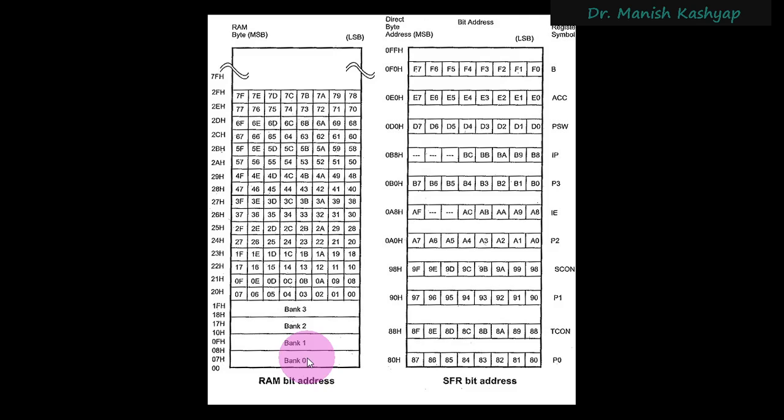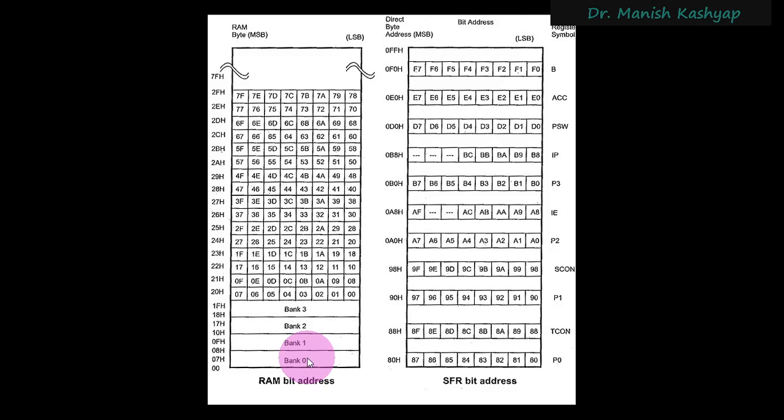Then whatever important data was there in the program, for example, flag registers, we also saved onto the stack. And if we want to save something else also, we can put it onto the stack. Then we jump to that particular location, serve that program, and then come back. Then we retrieve the values that we kept on the stack and put them back into those registers. So this was a very time consuming process.